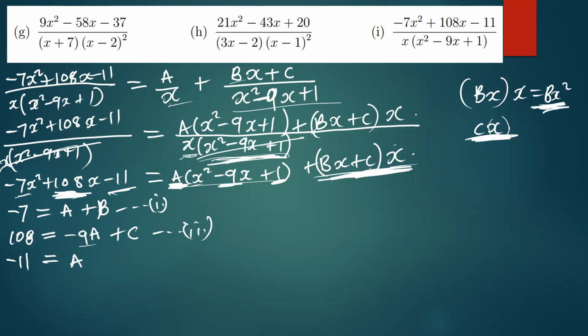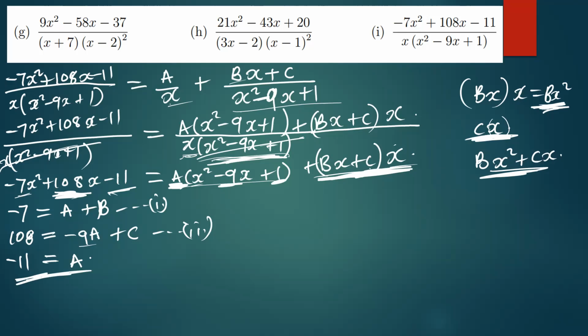No, because when I simplify it, I'm going to get bx squared and cx. So I'm not going to have anything that is a constant, meaning something that does not have x. So this gives us the value of a. The value of a is -11.